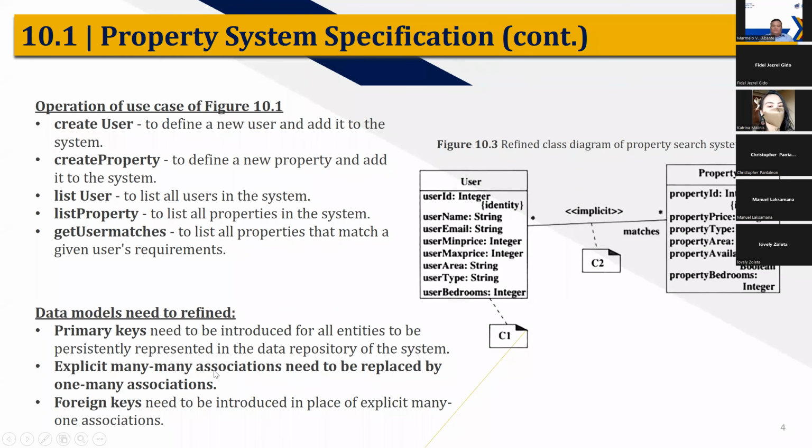This is in relation to database relationships when designing database systems, specifically the database and the table sets, and also the foreign keys. Foreign keys need to be introduced in place of explicit many-to-one associations.